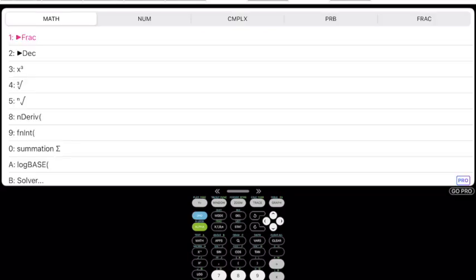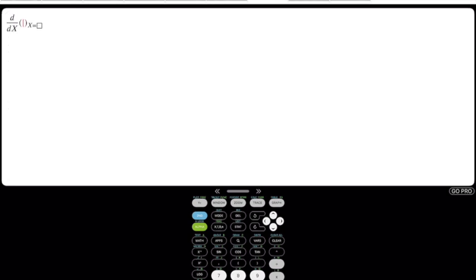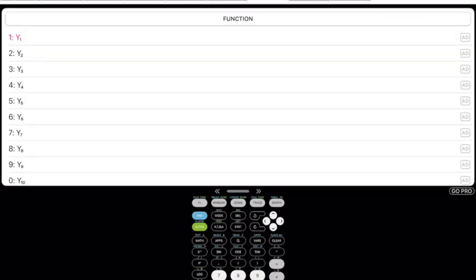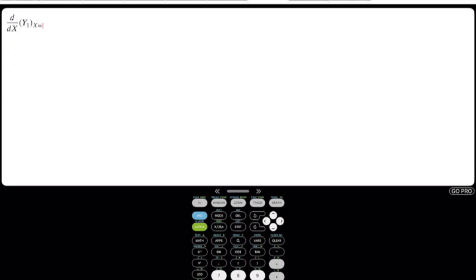Go to the derivative, which I hit math. That's number 8. Mine was at y1, so I have to go to variables, go to y variables, functions, y1, and then I need to plug in 0.7. And so I get that my derivative is negative 9.2055.